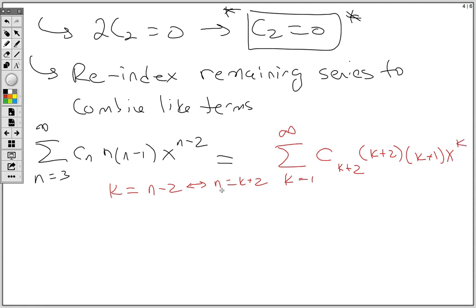So all I did is everywhere I see an n, I replace it with k plus 2. n starts at 3 means k starts at 1. All right, so this is just like changing the limits on a definite integral.